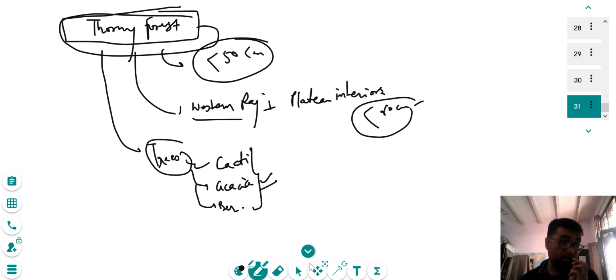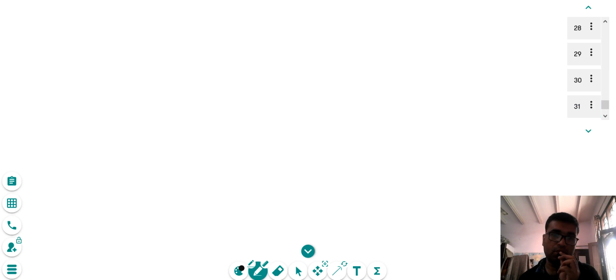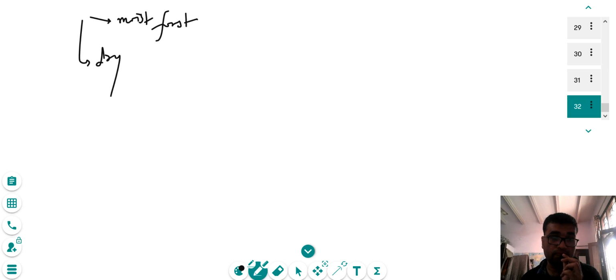Okay, so this was the second category. The first that we did was the moist category, the tropical moist forest, and then we did the dry forest. The third one now is the mountain forest.